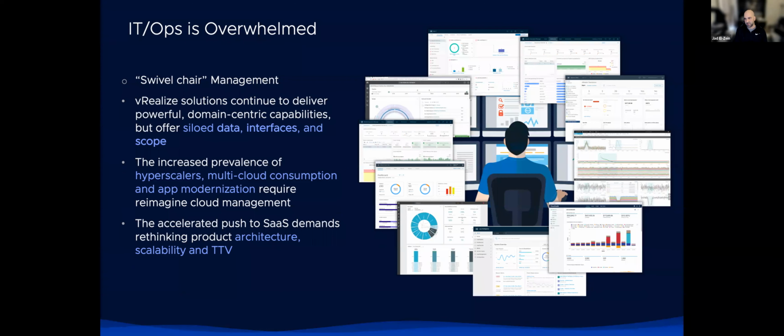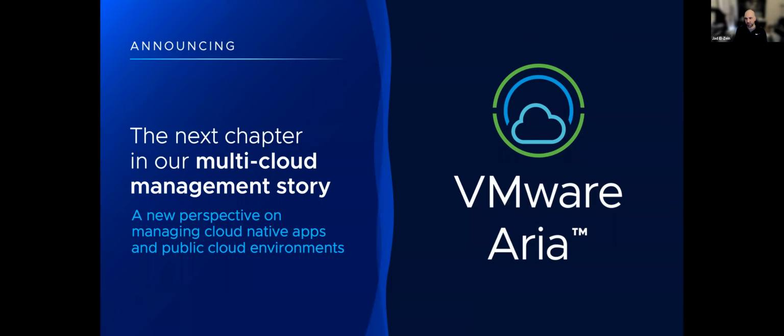We set out a strategy, we set out a plan, we validated, and at VMware Explore last year, we announced VMware Aria. So Aria is multiple things, and just so we can clear up any confusion, Aria is not a rebranding, okay? Aria revolves around a platform called Aria Graph and Aria Hub, and I'm going to drill into all of this in a second.